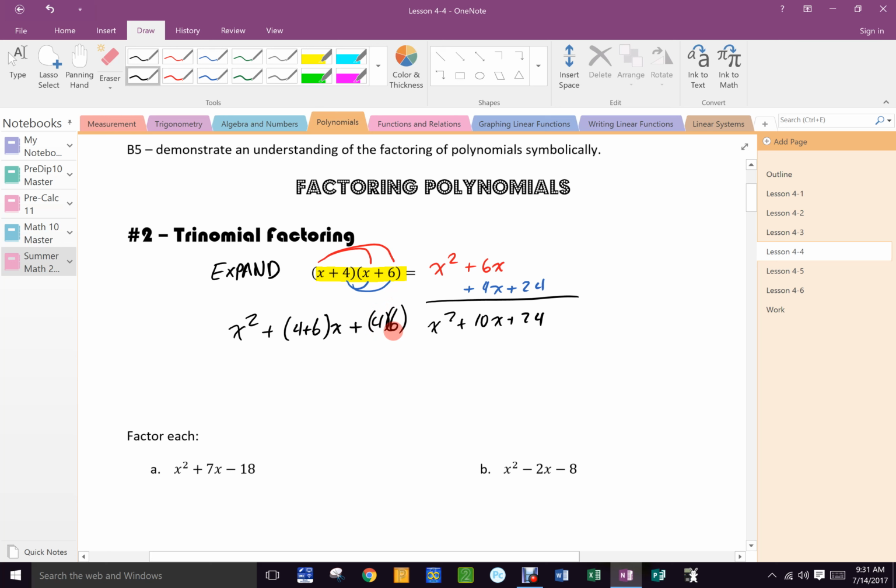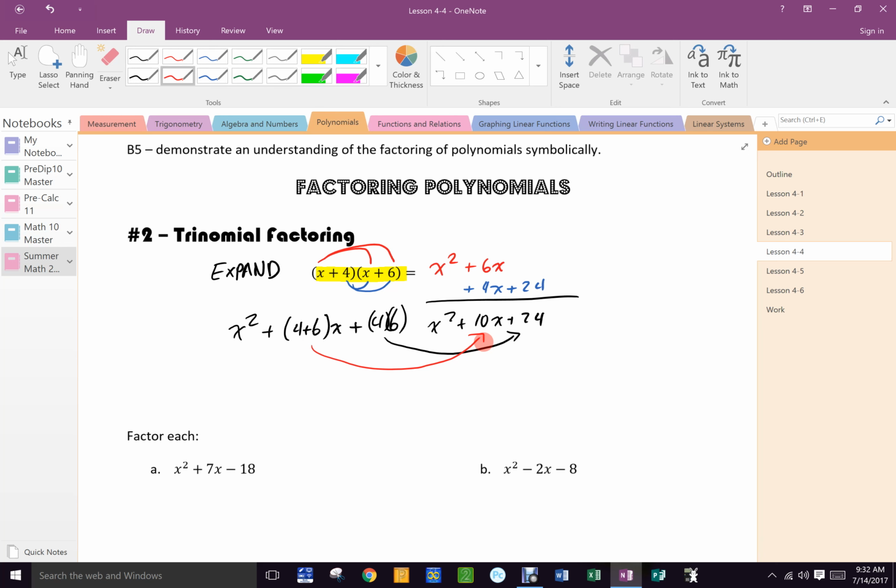Now, if I asked you to reverse expansion, and what is the reverse of expansion? Factoring. So if I asked you to reverse the expansion, you would need to tell me two numbers that multiply to 24 and add to 10, wouldn't you? I told you, you knew how to do it.